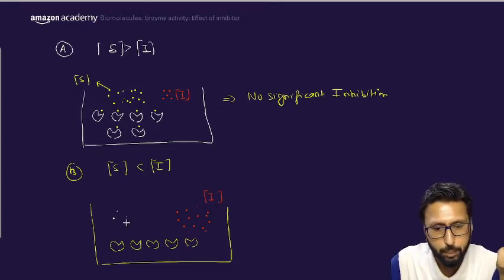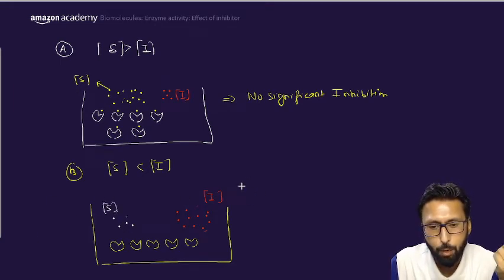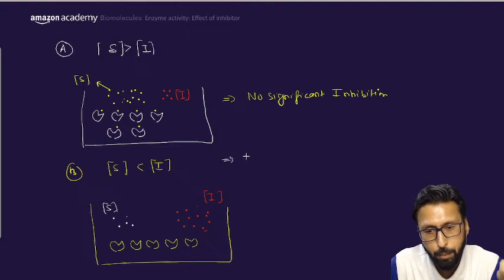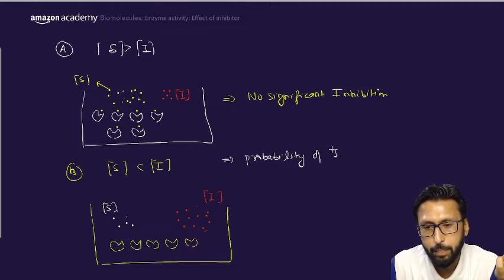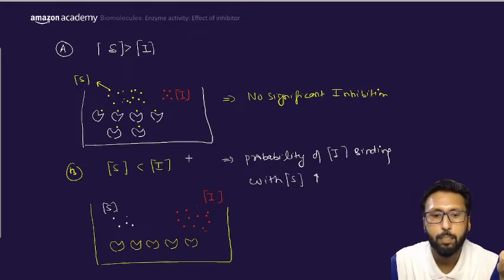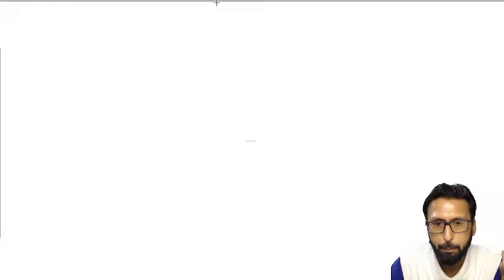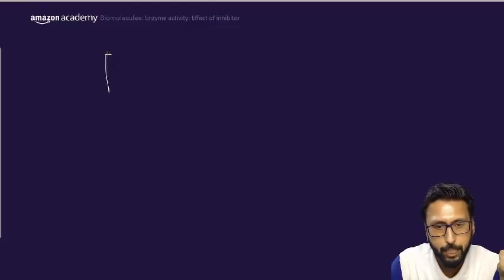Suppose these are the substrate and they are less in concentration. So now when inhibitors are more, the probability of inhibitor binding with the enzyme increases, okay.